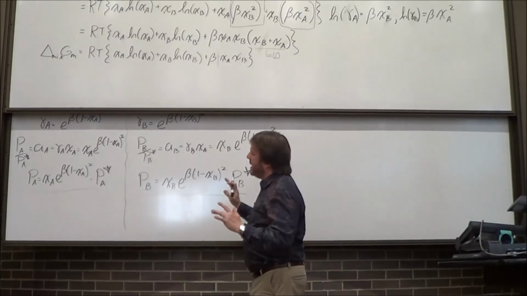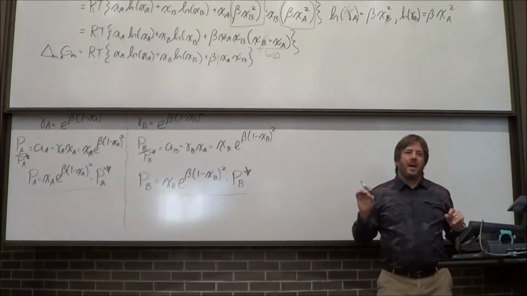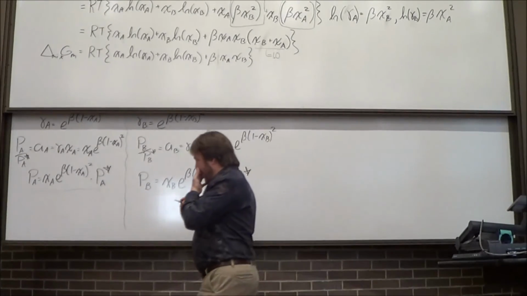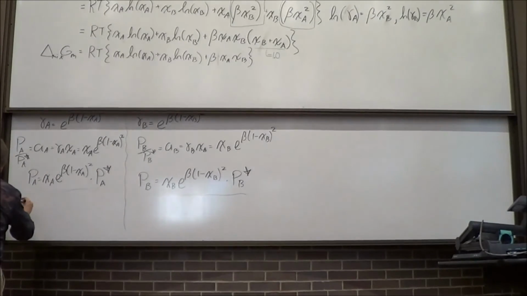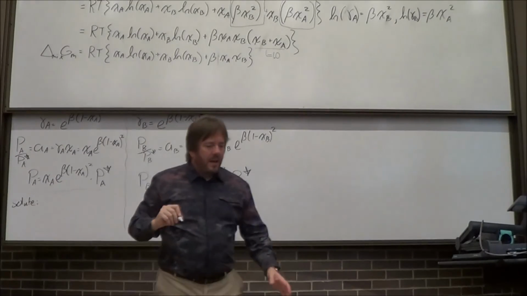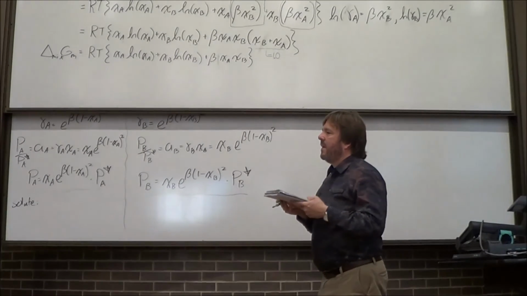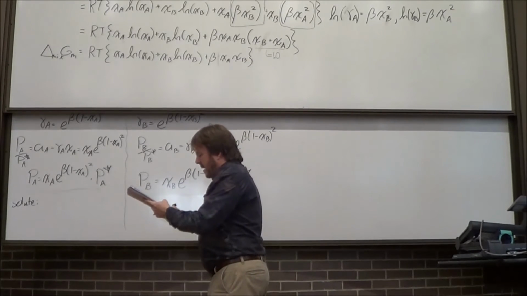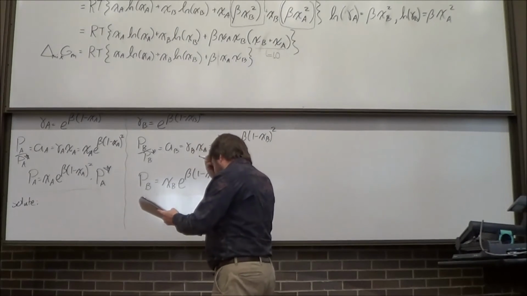All right, now, again, I said that I would be able to derive Henry's law and Raoult's law from here, and I can't yet. So let me do that. Now, this is the solute. I want to see if I can find Henry's law.